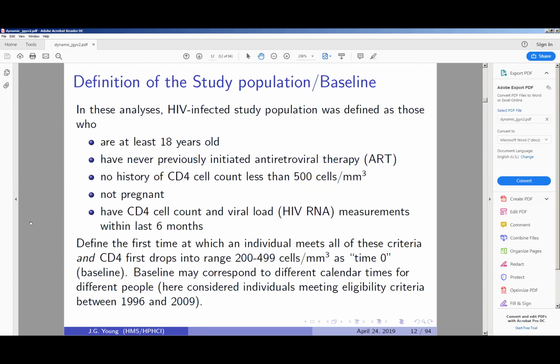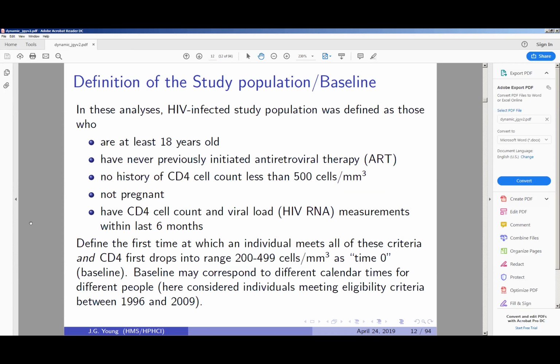In these analyses, we specifically defined the study population of interest as those who were, just to give you something concrete to keep in mind, at least 18 years old, had never previously initiated ART, so treatment naive, no history of CD4 cell count less than 500, so we're keeping people hopefully early in infection, not pregnant, and having a measure of CD4 cell count and viral load within the last 6 months. So we defined the first time at which an individual met all of these criteria and the month in which their CD4 first dropped into the range 200 to 499 as their baseline time.